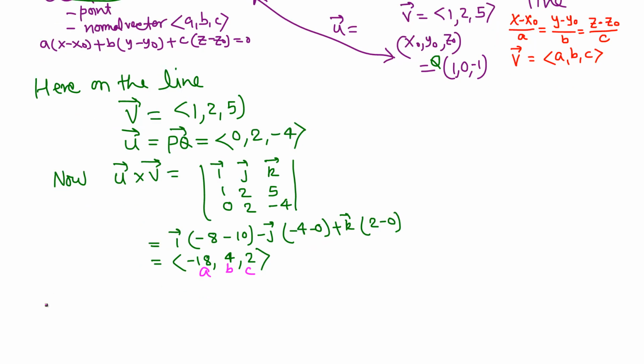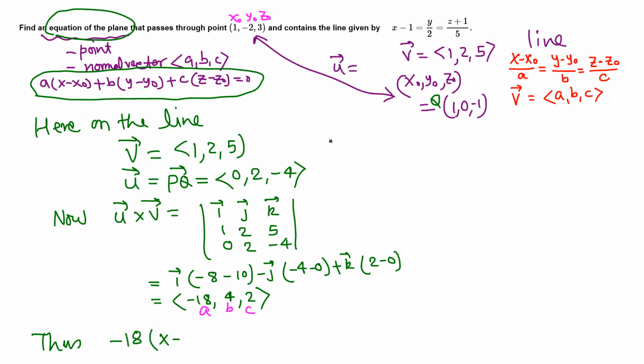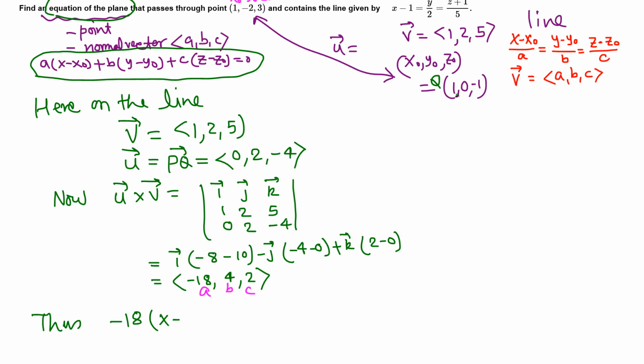Thus an equation of the plane is just using this formula, plugging in the values, and we are done. A is negative 18, times x minus x naught, 1, negative 2, 3, or we could have used 1, 0, negative 1.